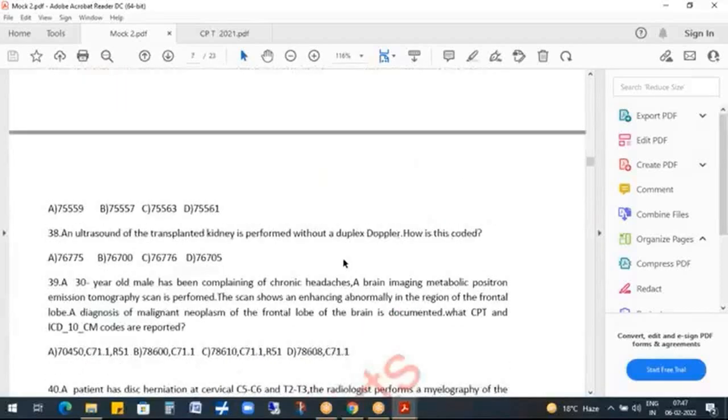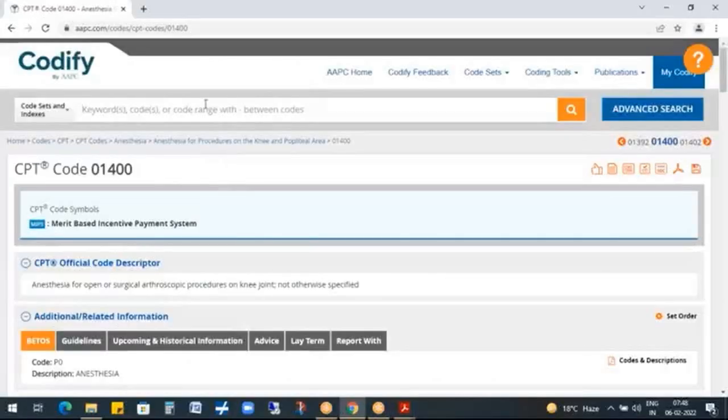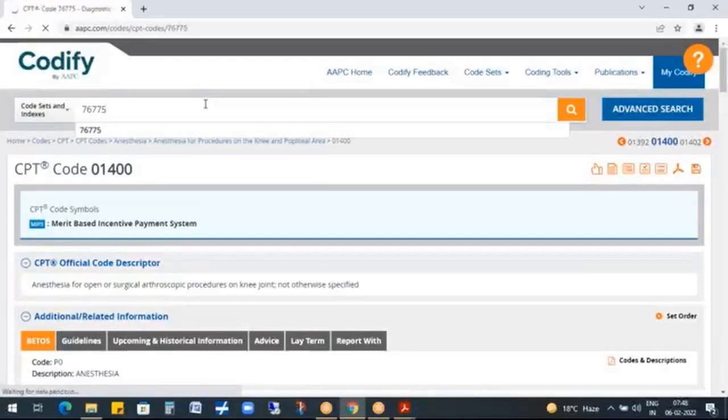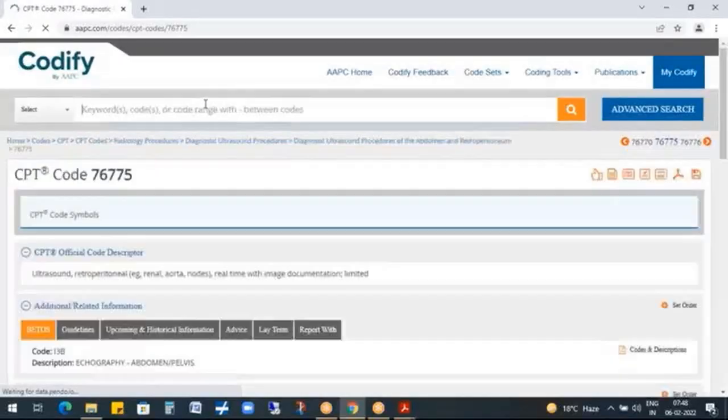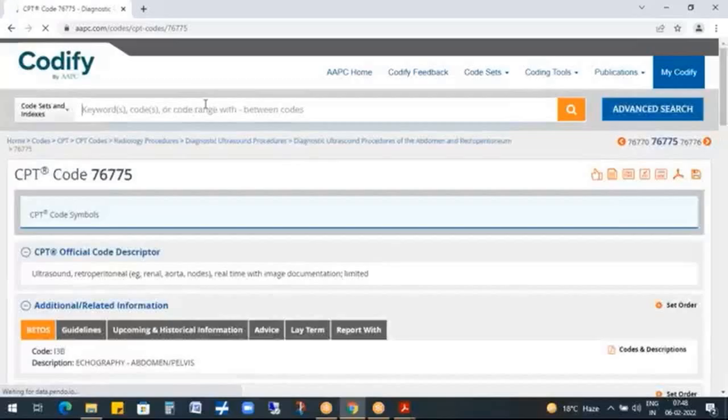An ultrasound of the transplanted kidney is performed without a duplex Doppler. How is this coded? Let me check the code.